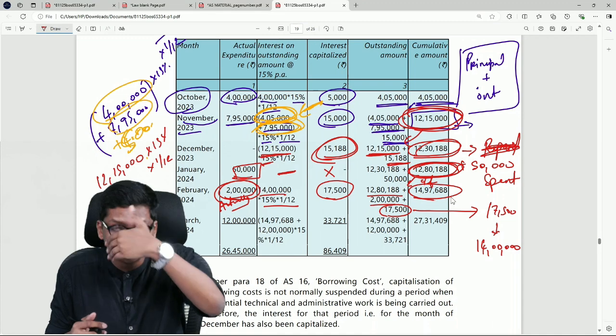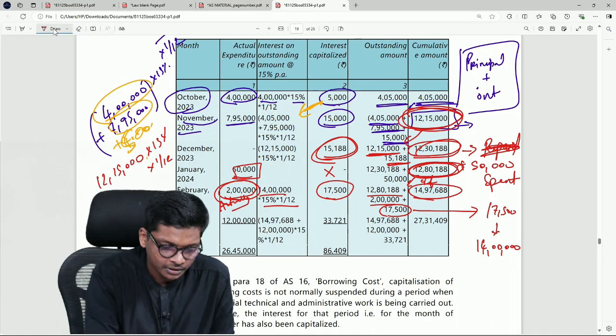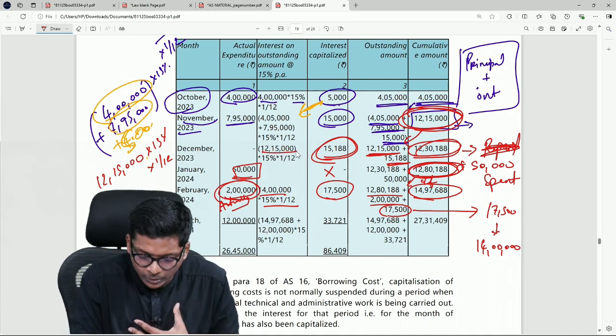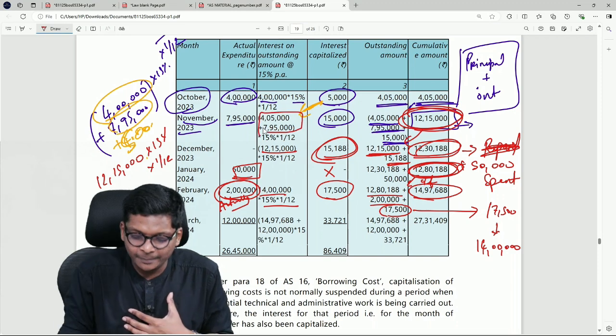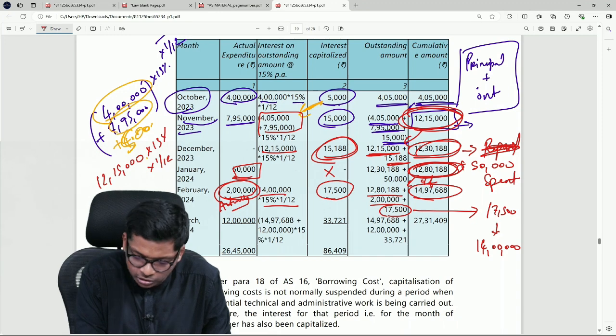That means, look at previous cases. In previous cases, if you see, they were calculating cumulative interest on 12 lakh 15,000, 7 lakh 95,000 plus 4 lakh 5,000. But in this case, our outstanding was 12 lakh 80,188 plus you have spent 2 lakhs.